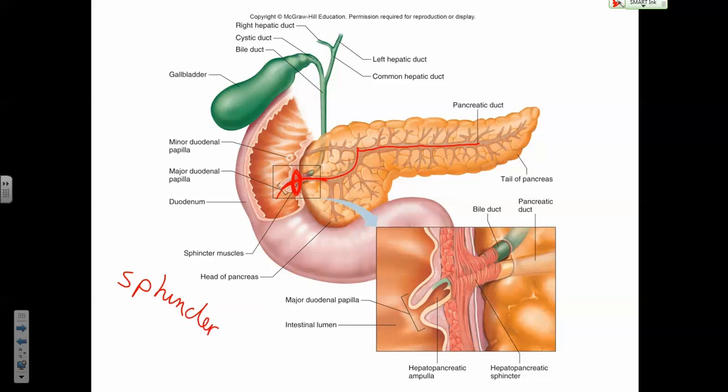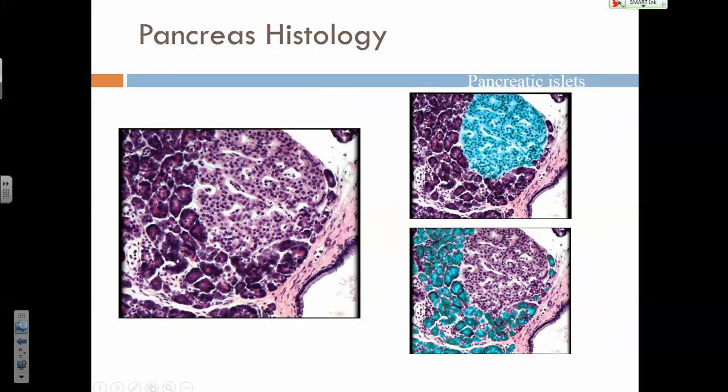This is the old name that everybody still uses. We just kind of like that name, sphincter of Oddi. The newer name is the hepatopancreatic sphincter, because bile from the liver also moves through there. Okay, hepato meaning liver. But the hepatopancreatic sphincter, or sphincter of Oddi, that controls the movement for right now of the pancreatic juice into the small intestine.